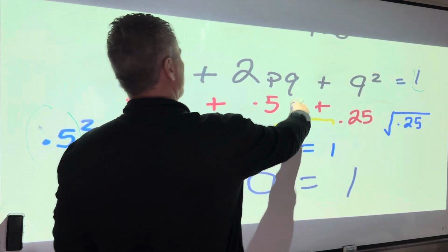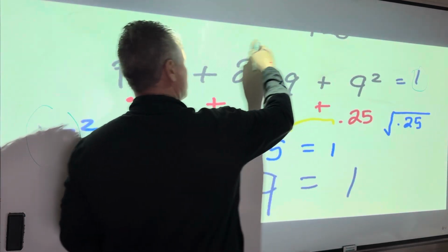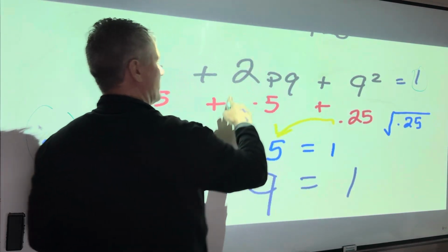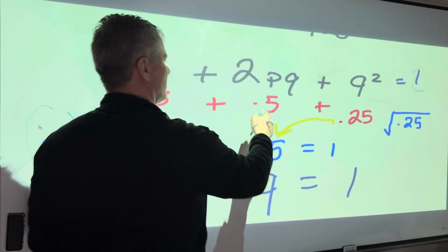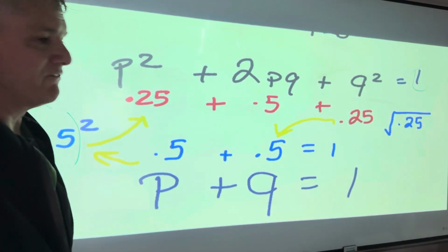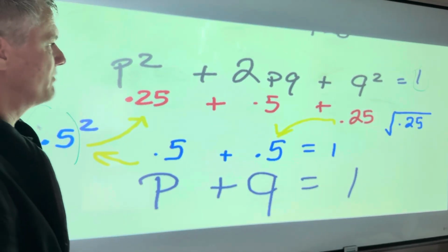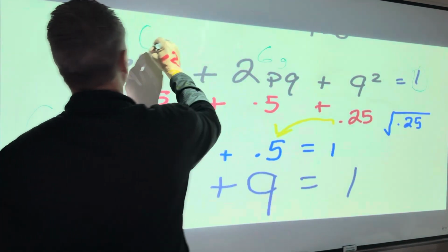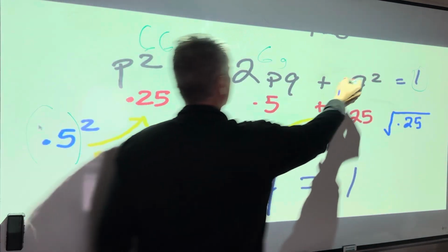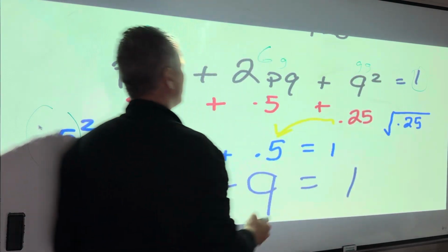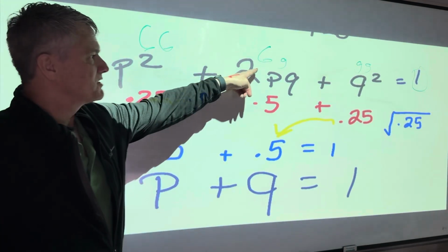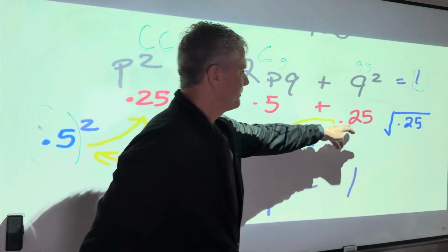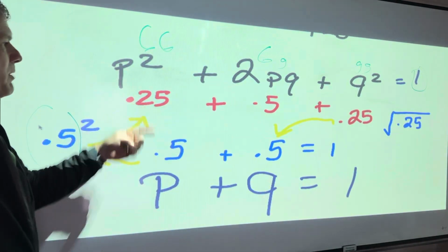That means the 2PQ, the heterozygous population, is going to be over half of the population. Capital G, little g. So over half the population is going to be here, a quarter of the population here, and a quarter of the population here.